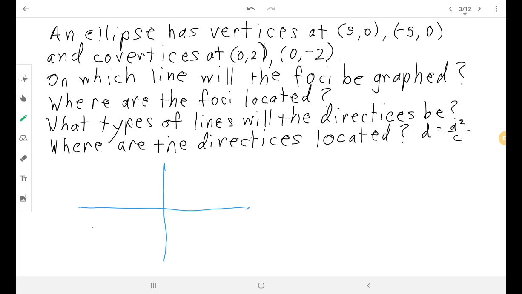So here's our graph, and it says we have vertices at 5, 0, so 1, 2, 3, 4, 5, 0 right there, and negative 5, 0, 1, 2, 3, 4, negative 5, 0 is right there.